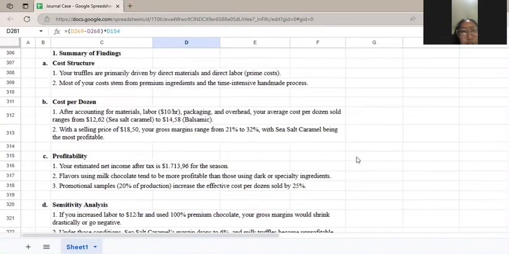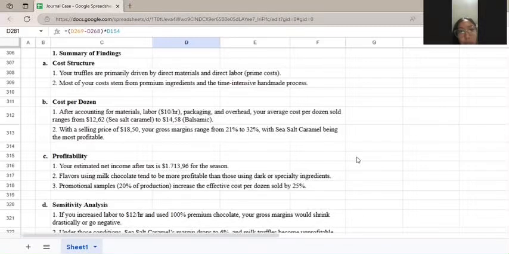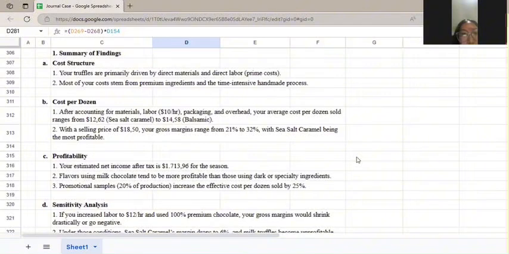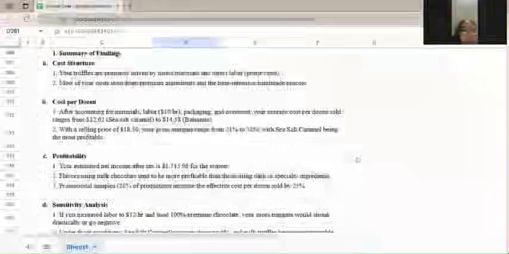The first is your costs are primarily driven by direct materials and direct labor, which is prime cost. And the second one is most of your costs stem from premium ingredients and the time-intensive handmade process. And B is cost per dozen.